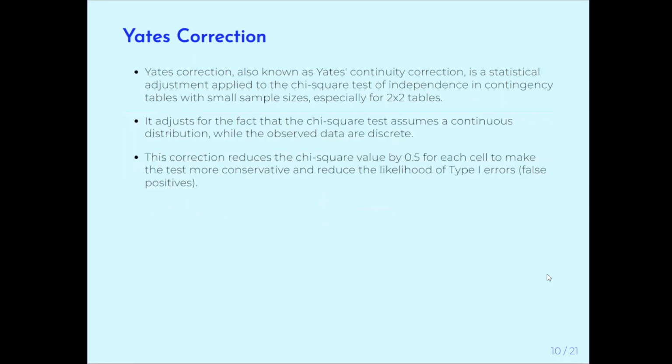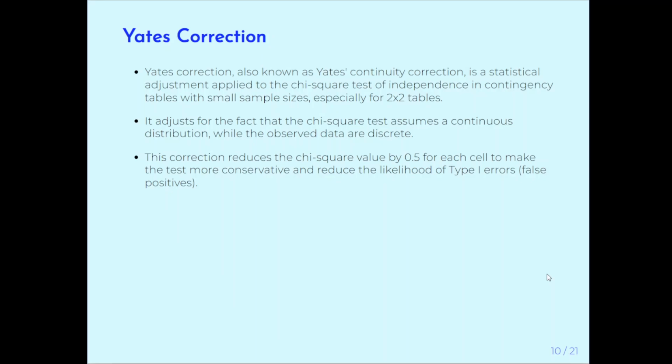Now, Yates correction. This is an important part that's coming up next. This is what I was getting at with that correct equals false. I deliberately set that to false just for the time being. Yates correction, also known as Yates continuity correction, is a statistical adjustment applied to a chi-square test of independence in contingency tables with small sample size, especially for 2x2 tables. It adjusts for the fact that the chi-square test assumes a continuous distribution while the observed data are discrete.